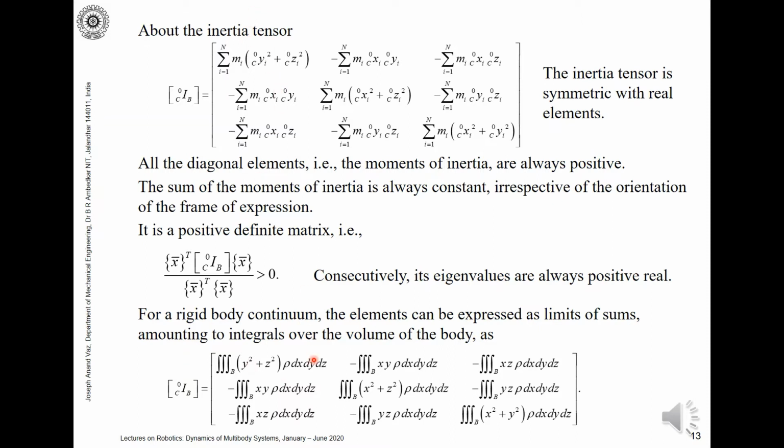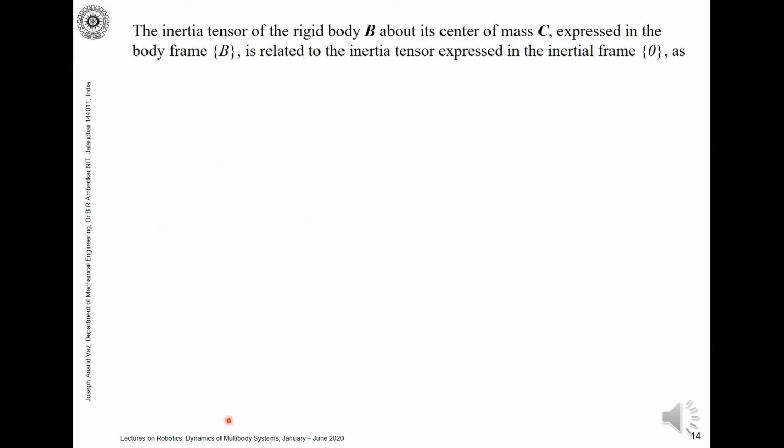Here you have the various distances, they are the coordinates of the position vector from the center of mass. Rho is the density, dx, dy, dz are the elemental lengths along the chosen axes. So this is for a rigid body continuum.